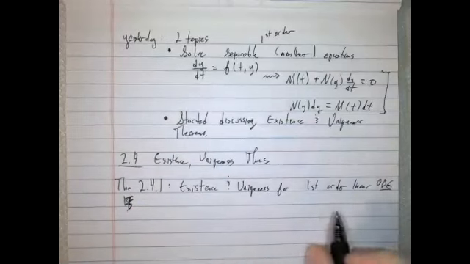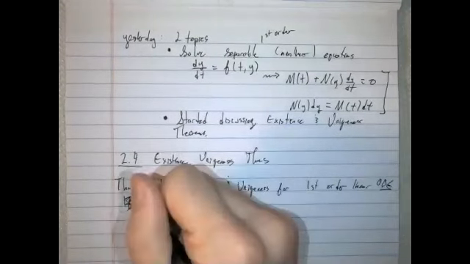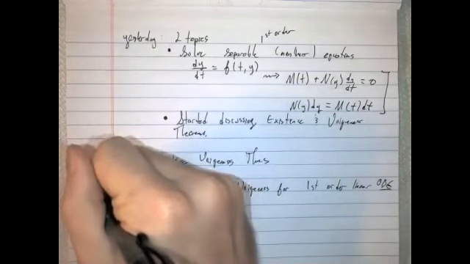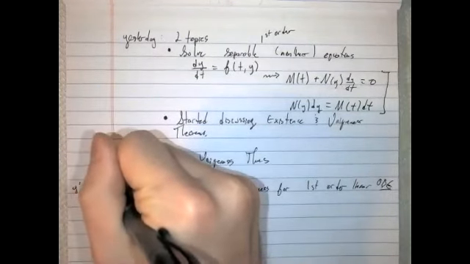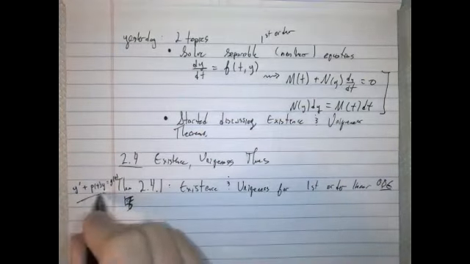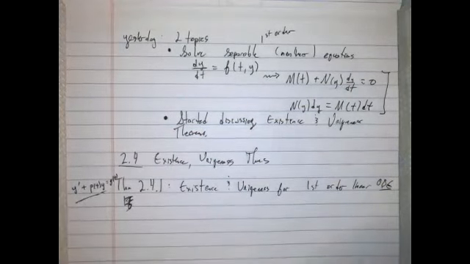Recall that a first order linear ODE is of the form, I'll put this as a side remark, y' + p(t)y = g(t). So this is the type of equation we're considering right now.